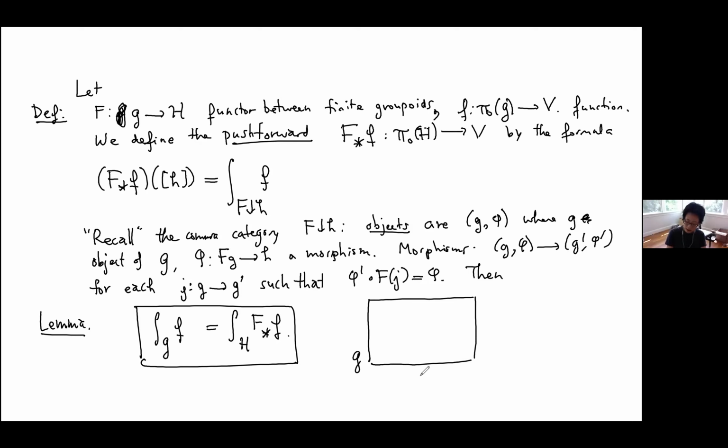And it's hard, but you might be able to break the problem down by considering an appropriate functor from the groupoid G to the groupoid H. In this way, if you define correctly the pushforward, so you have some f up here, you have a pushforward, F lower star of f, on the downstairs groupoid H. What the pushforward does is, in some sense, it orbifold sums over the fibers.